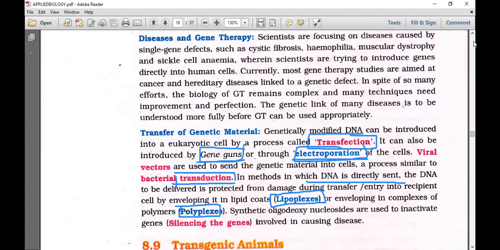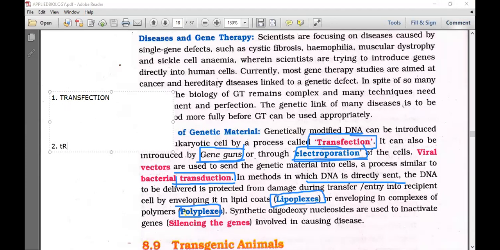So what is to be learned here are the definitions, let me write them in order. There are two methods. One is transfection, the other is transduction.